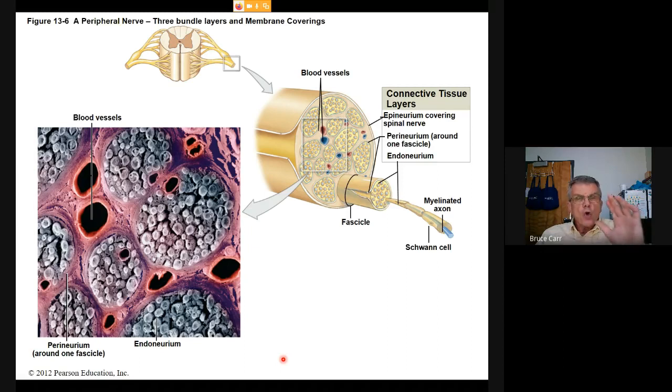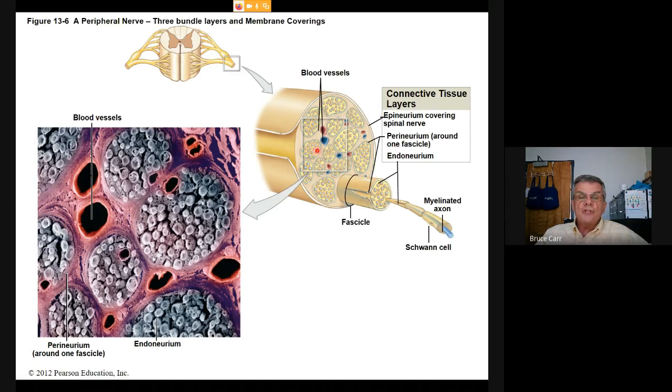So the histology of a nerve bundle is going to use the same prefix terminology that muscles use. You remember muscles were tubes within tubes within tubes, so are nerves. So here is a nerve drawn in its entirety and surrounded by a membrane called an epineurium.